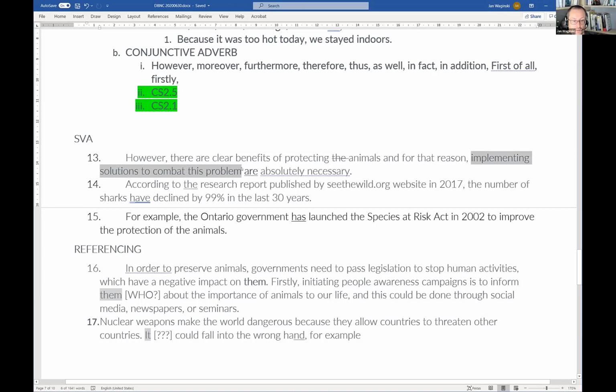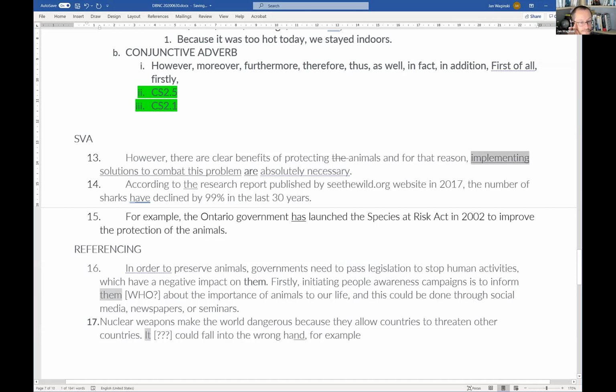Yeah, you've got a really big noun phrase here. When you've got a really long noun phrase, this comes up all the time. You might see a plural word inside your noun phrase, but solutions is not the subject of are. Implementing is the subject.